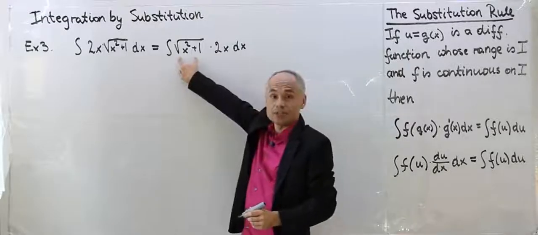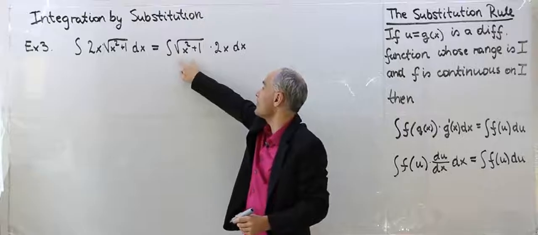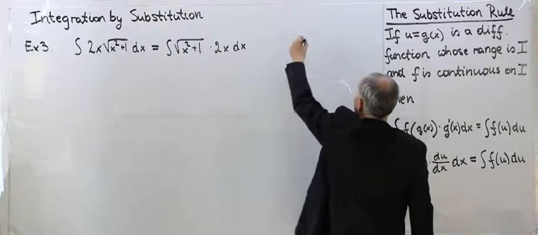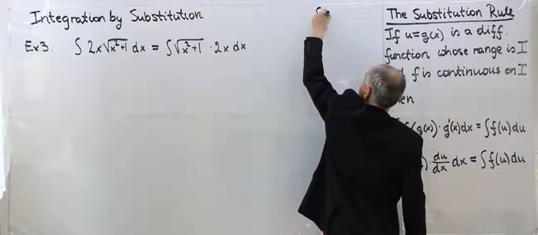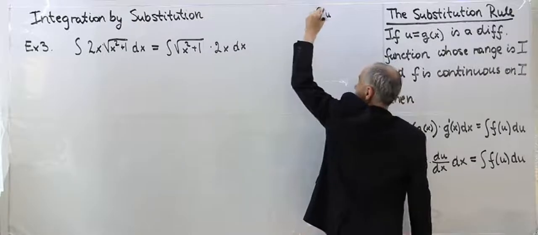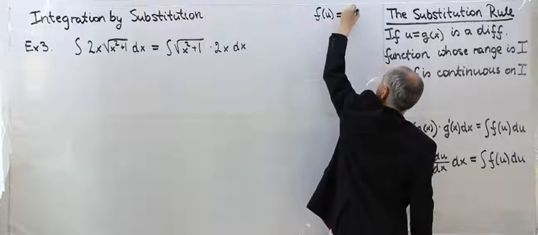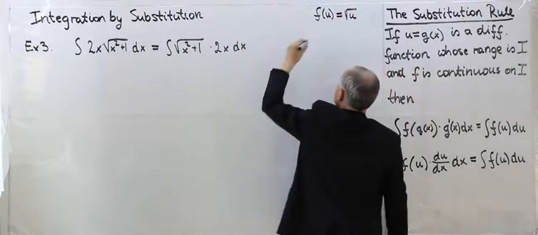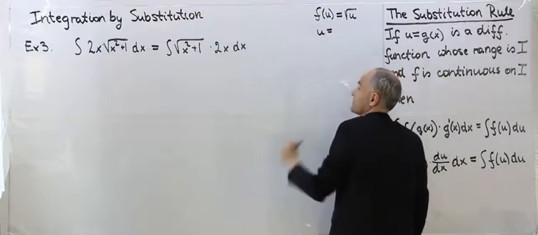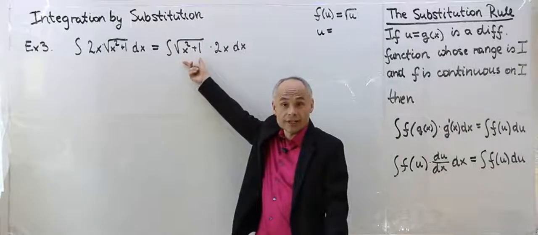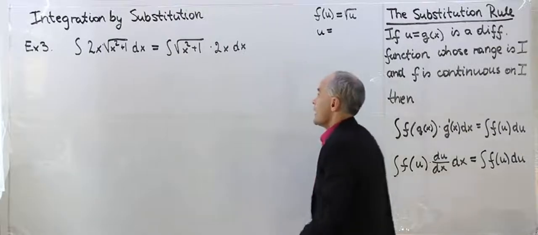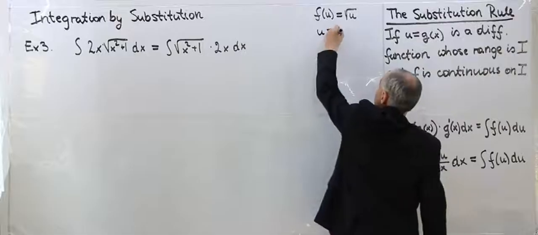So the outer function of the first factor is the root function, right? So f of u is equal to the square root of u, and the substitution that might work, we'll check if it works, we replace x squared plus 1 with u.